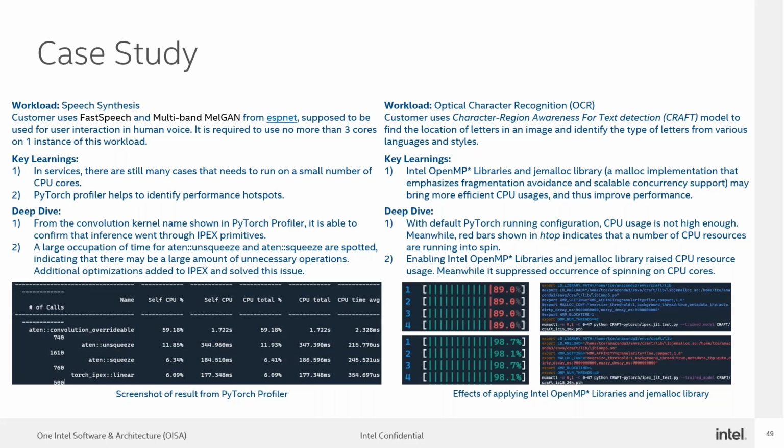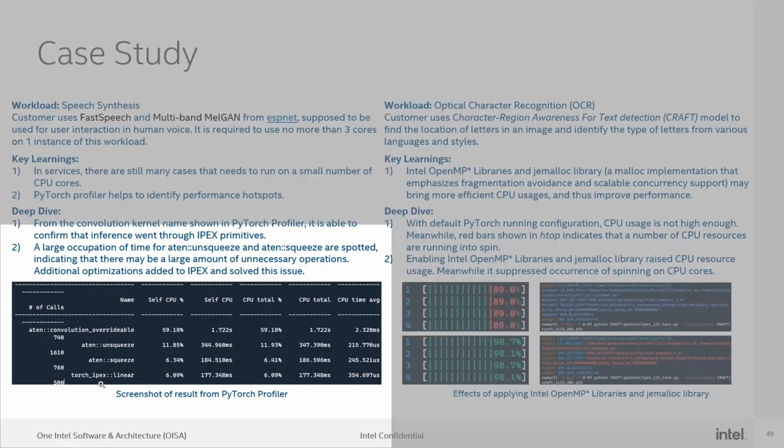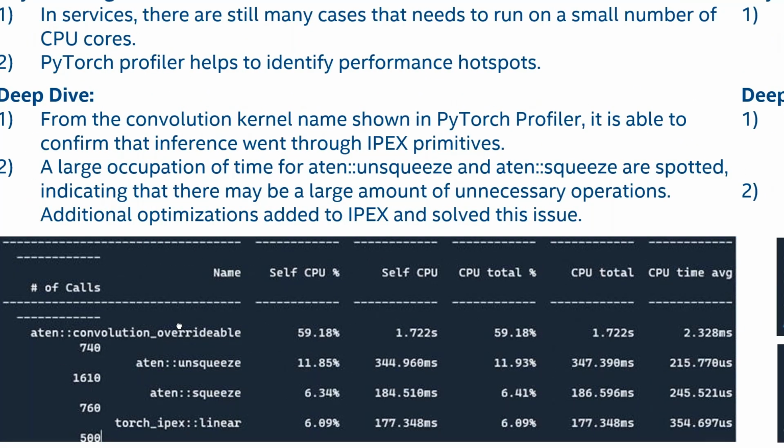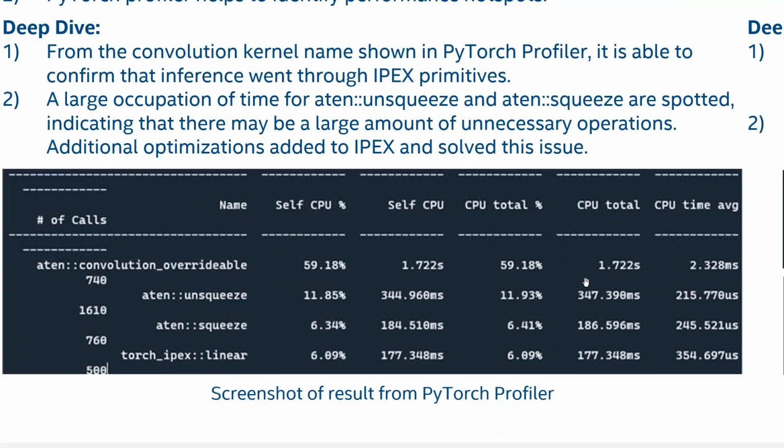Originally, we didn't get the ideal performance, so we used the default PyTorch profiler, and this is the table that we show. We can see from the profiler that the operators are sorted by CPU execution time in descending order.